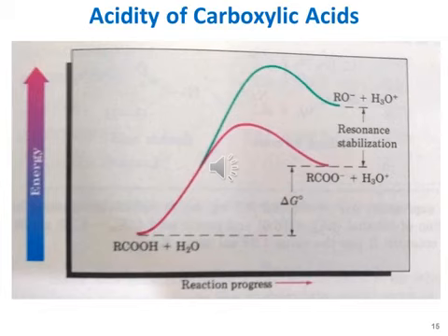Here on this slide, you may see that when a carboxylic acid loses a proton, it has to overcome an energy that I have represented with this delta G naught, and in the case of the alkoxy anion, this energy is much higher than the energy of formation of the carboxylate anion. So the energy of formation of the alkoxy anion is higher than that of the carboxylate anion. That's why the carboxylic acid loses the proton more easily than the alcohol.